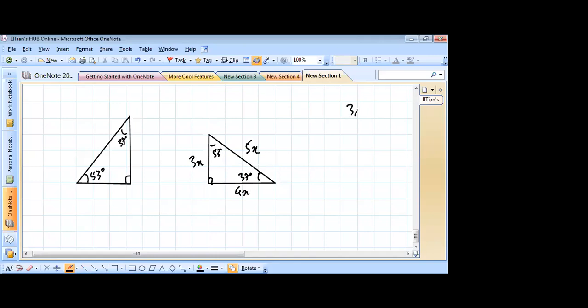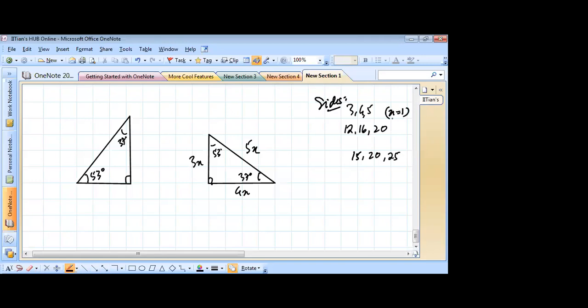So they could be, for example, 3, 4, 5 triangles, or something like 12, 16, 20, or 15, 20, 25 type of triangles. The sides will be like this.